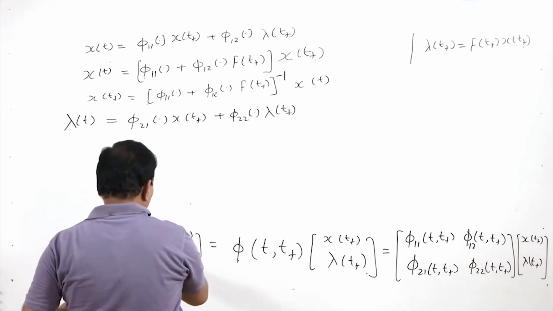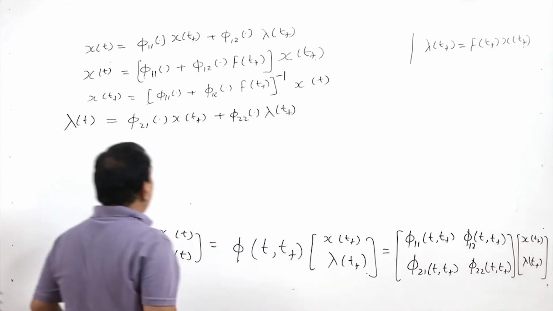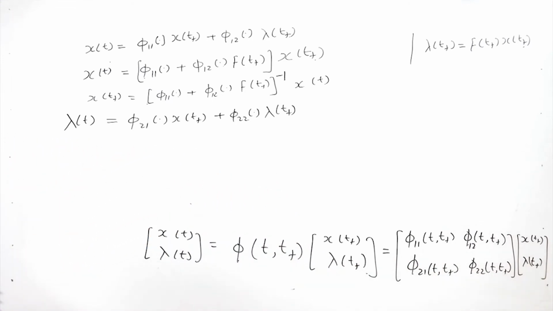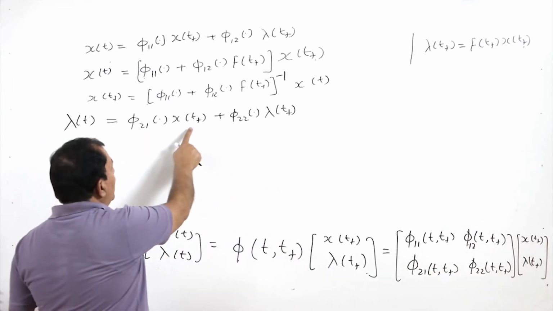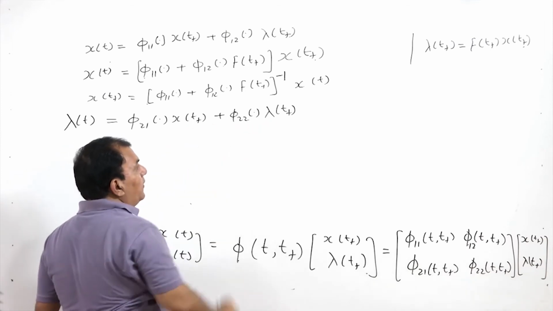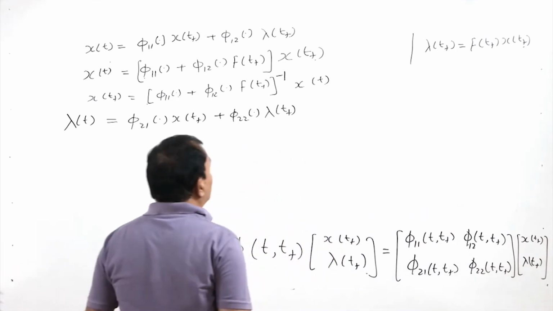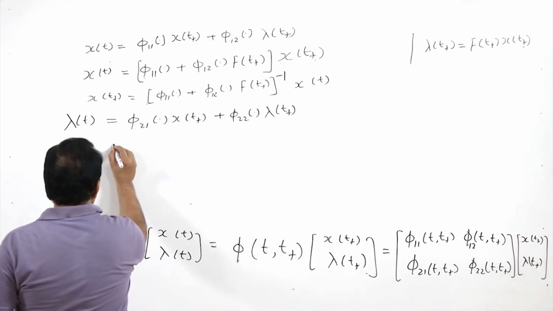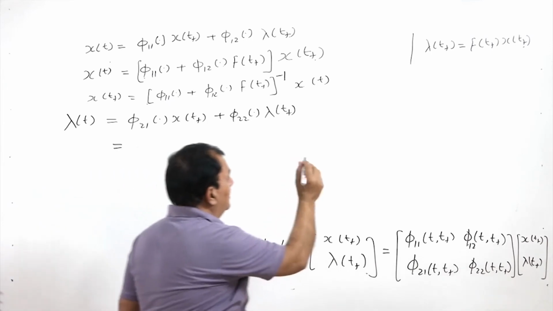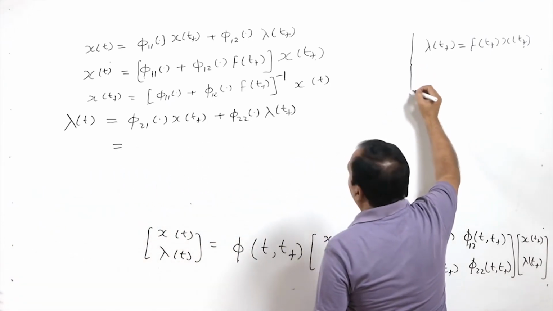So, by expanding lambda(t) by this expression we get phi 21 x of t_f, phi 22 lambda of t_f, lambda of t_f we are replacing by f of t_f x of t_f, and you recall what was our substitution?